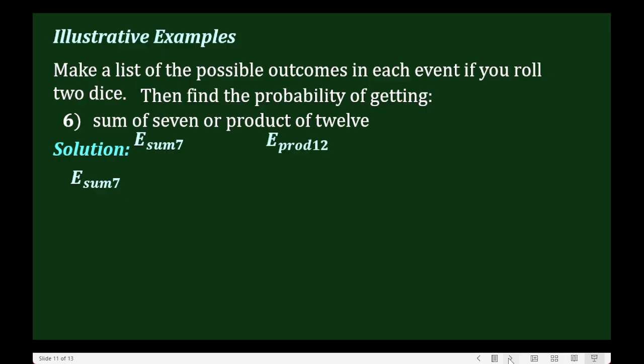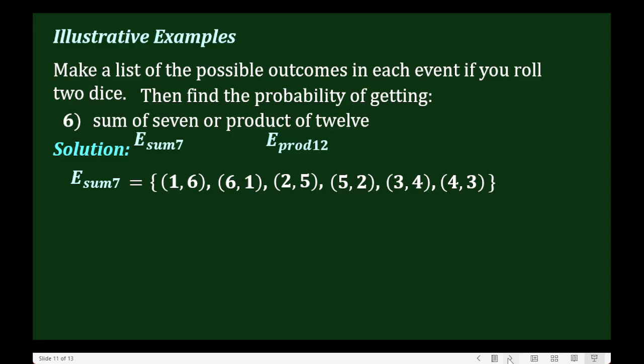So for E sub sum 7, the elements are 1, 6, 6, 1, 2, 5, 5, 2, 3, 4, and 4, 3. So there are 6 outcomes or elements from this event. Another event is that there is a product of 12. So that is E sub prod 12.